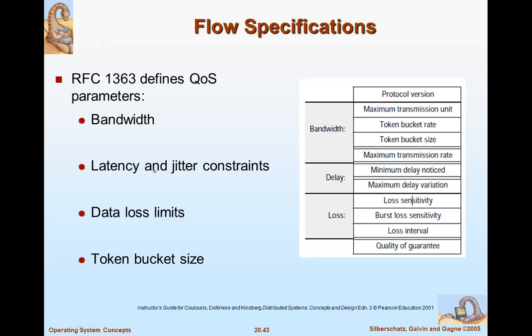Similarly, the latency and jitter constraints, you can see over here the minimum and the maximum delay inside a system. Similarly, the data loss limit, either the loss sensitivity, the burst loss sensitivity, or the loss interval. Taking all those things into account is very important to have a standard quality of service.